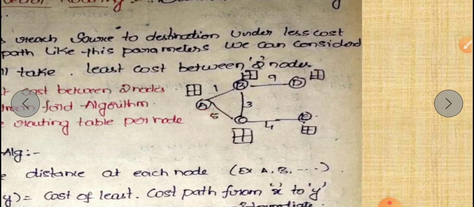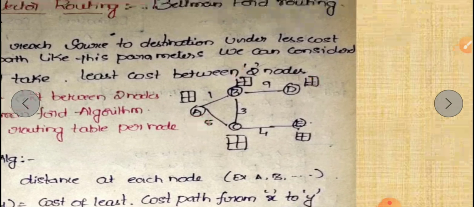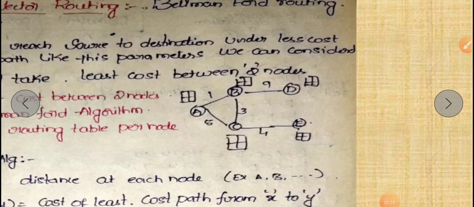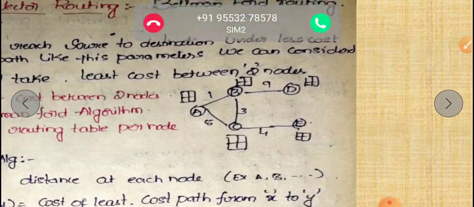How many intermediate routers will there be? Only a single router, B. So how many hop counts are required for that packet? Only 2 hop counts are required, because from A to B 1 hop count is reduced. For example, I have given a packet with a 2 hop count. A to B 1 hop count is reduced, B to D 1 hop count is reduced. So coming to the destination D, that packet is discarded.